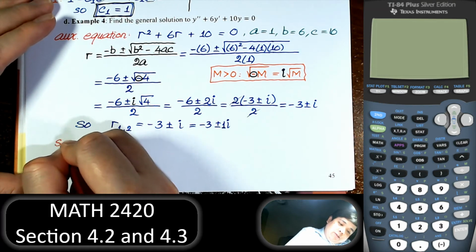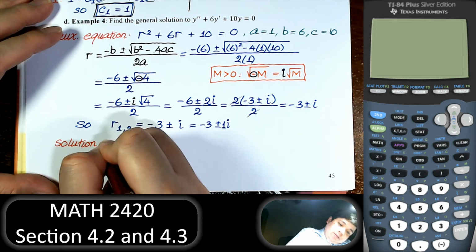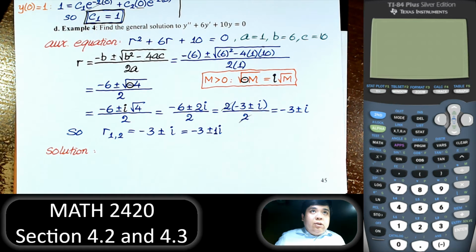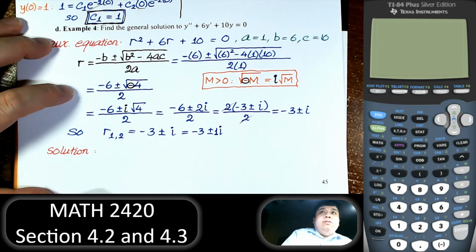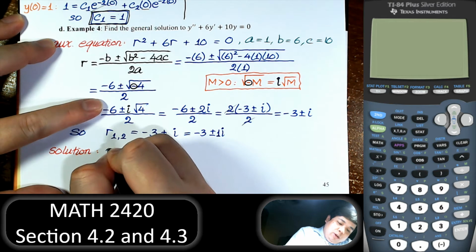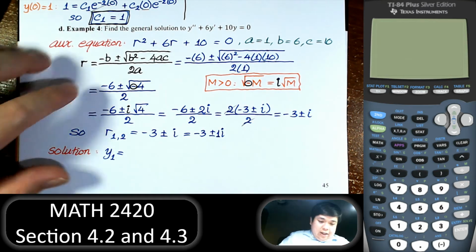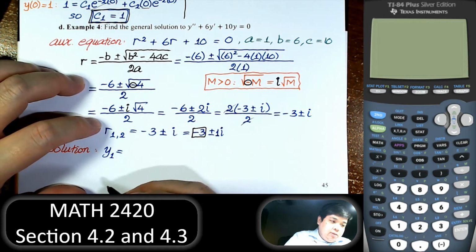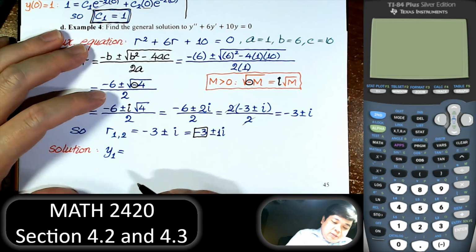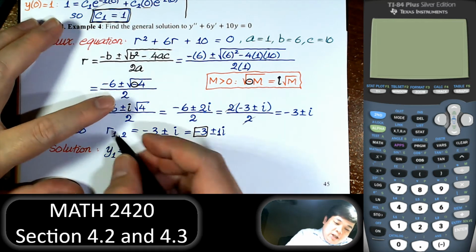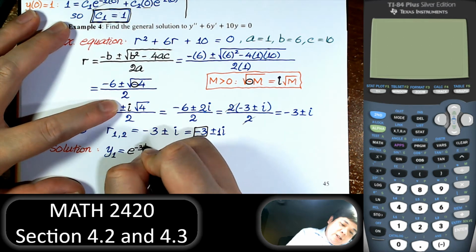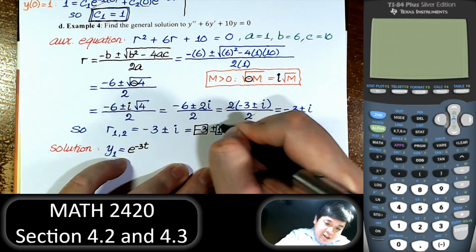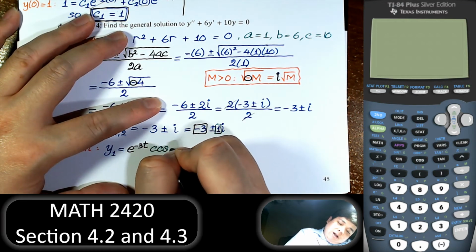Now we write the solution. y1 will be the solution to the first part, the real part, e to the negative 3t, and then for the imaginary part, we have cosine of 1t.